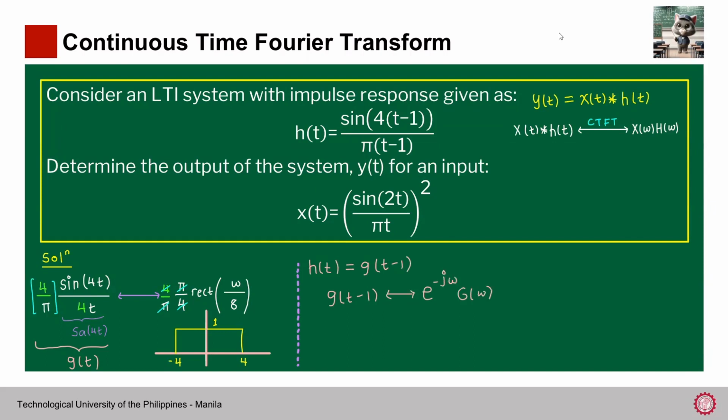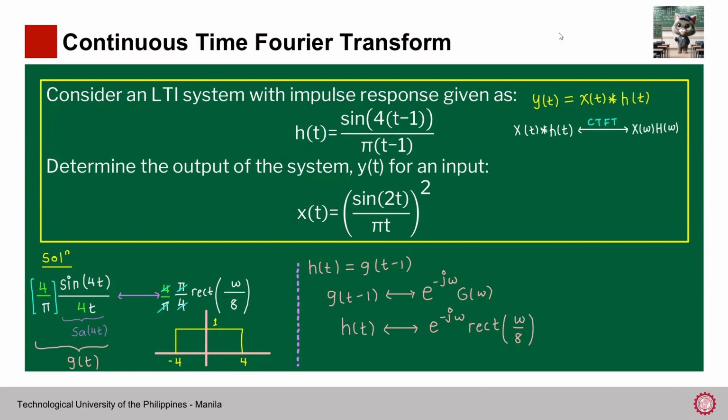So if this would become H of t, yung Fourier transform niya is simply equal sa e to the negative j omega, rect ng omega over 8.